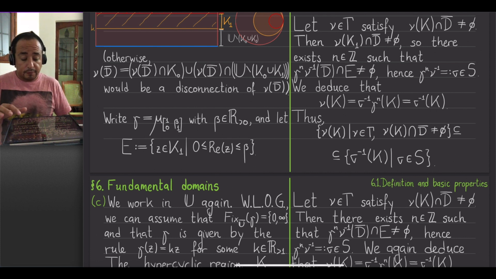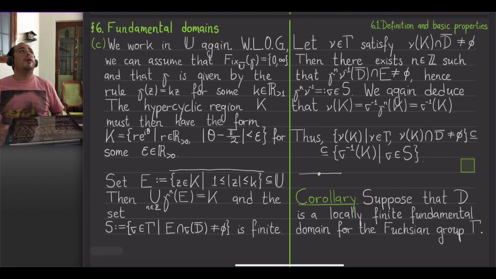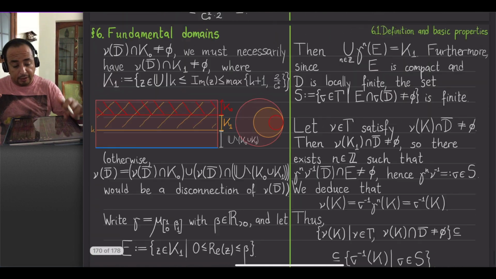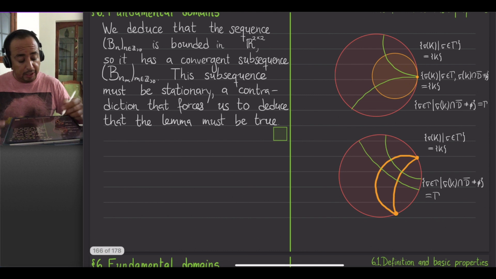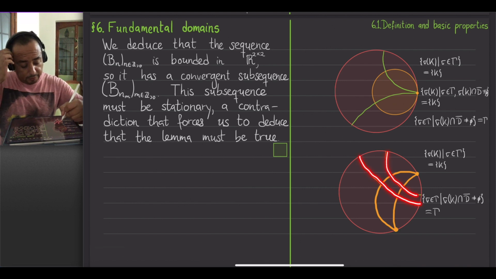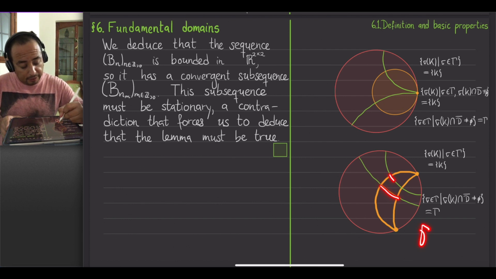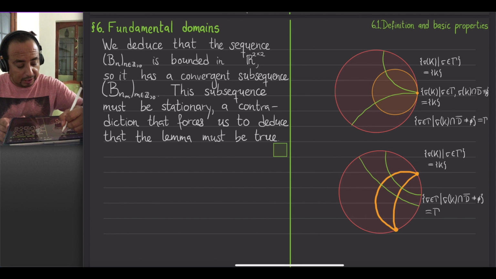Okay, now let's move on to the hyperbolic case. The hyperbolic case is easier than the parabolic case because when I take a fundamental domain for the action of the subgroup generated by the element gamma in the hypercyclic region, its closure is already compact, and that didn't happen in the parabolic case.